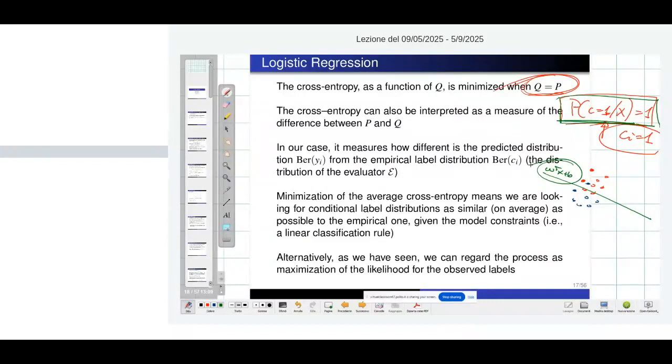So within the boundaries imposed by the model, the fact that we want a linear separation rule, it will do the best it can to simulate the empirical class distribution.